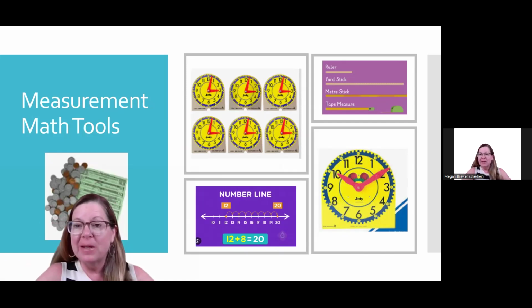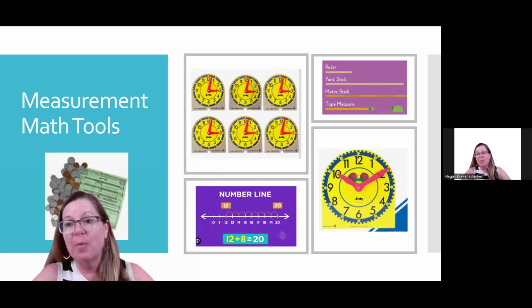Another area of measurement for second grade is around time. Here's the standard. Tell and write time from analog and digital clocks to the nearest 5 minutes using AM and PM. So a demonstration Judy clock and a class set of Judy clocks is essential for the analog portion of that standard.